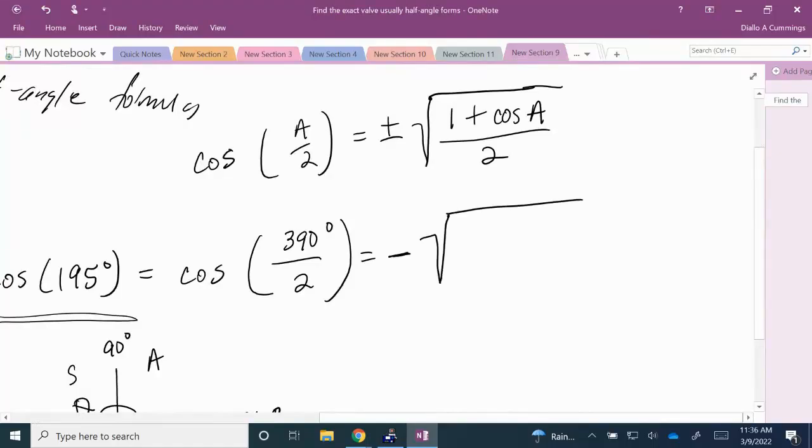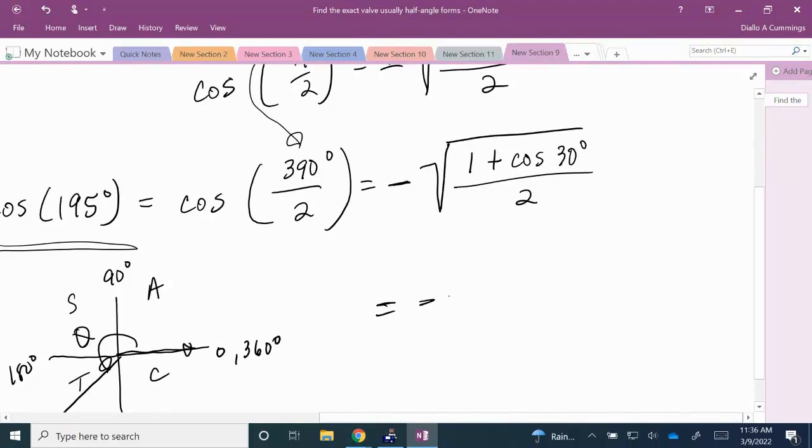That should equal a negative times the square root of 1 plus the cosine of A, keeping in mind that A in this case is 390. We've already established the fact that 390 degrees and 30 degrees are coterminal angles, so I'm going to put an extra step in here. I'm actually going to use the cosine of 30 degrees, divided by 2.